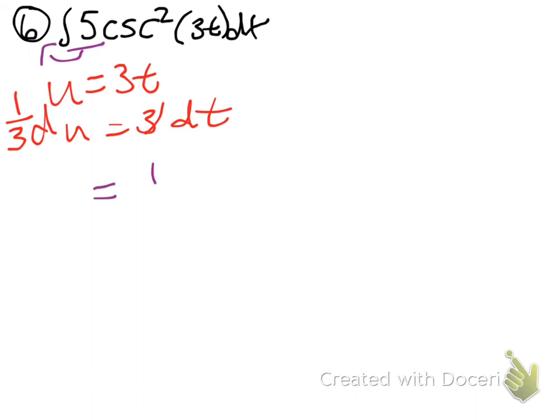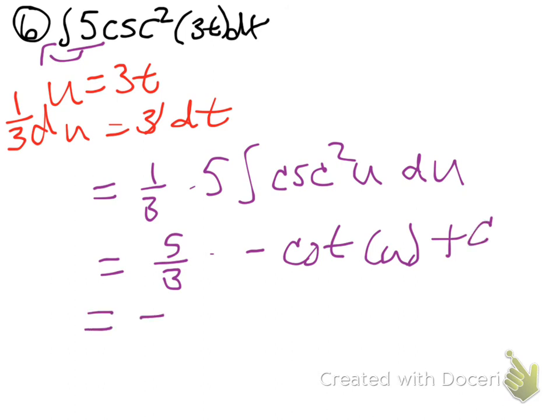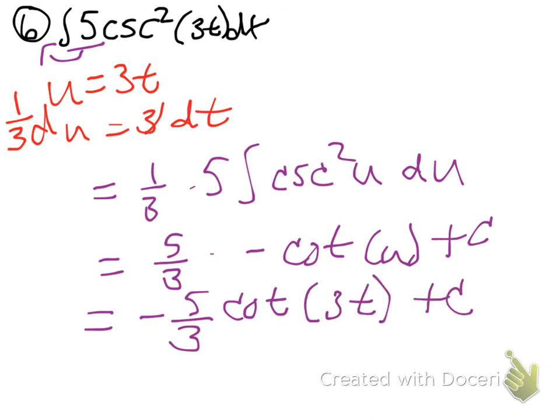So this is simply going to be 1/3 times 5 times the integral of cosecant squared u du. Well, the integral of cosecant squared is negative cotangent. So this would be equal to 5/3 times negative cotangent of u plus c. So my final answer is negative 5/3 cotangent of 3t plus c.